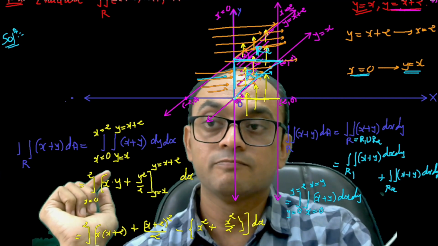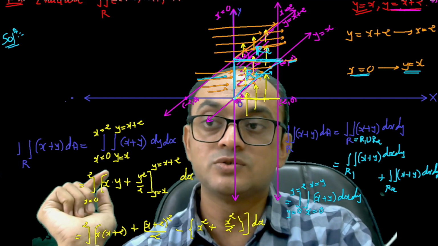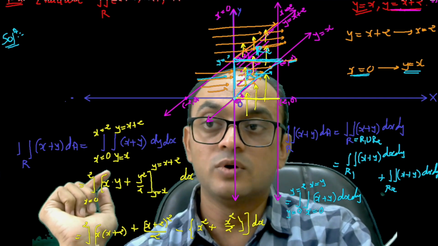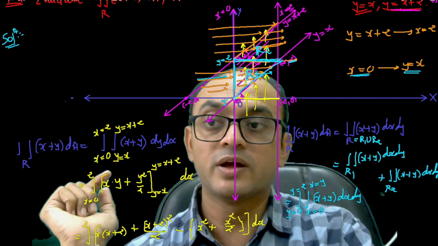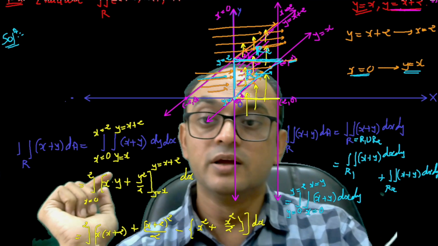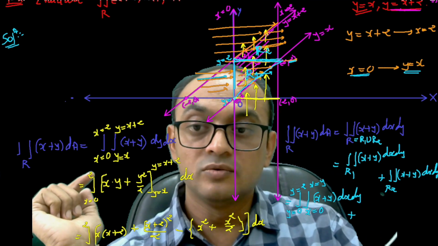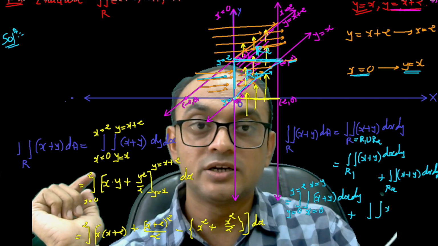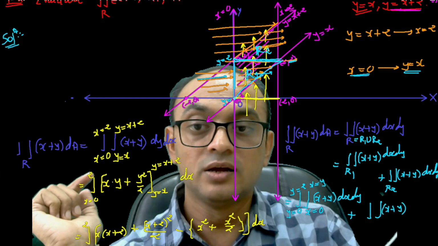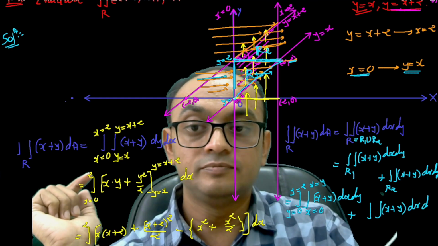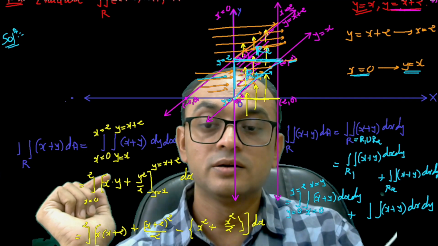See, here the value of y is 2, so this is y equal to 2 and this is y equal to 0. Clear? Now plus double integration x plus y dx dy, right?